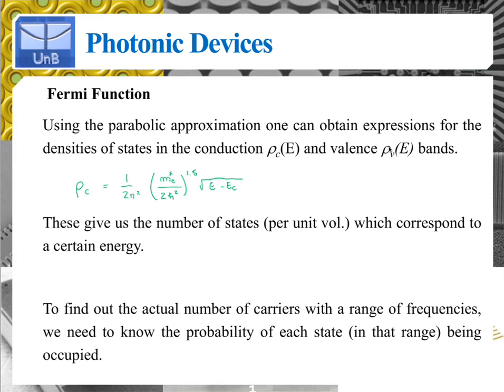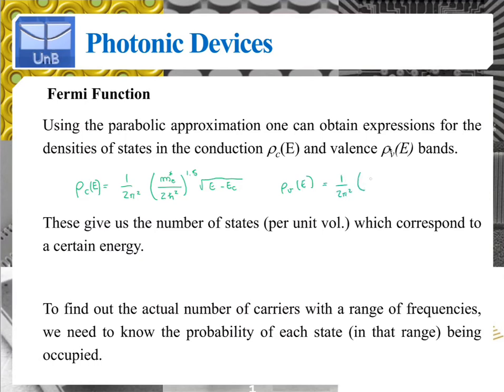And you had something similar for the valence band, where rho v, as a function of energy, was equal to 1 over 2 pi squared.